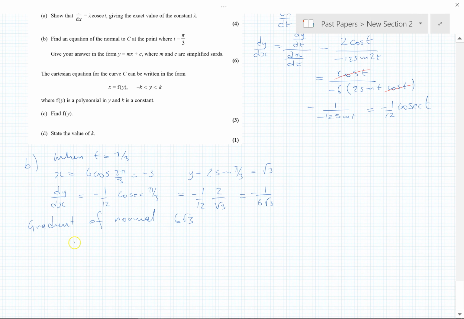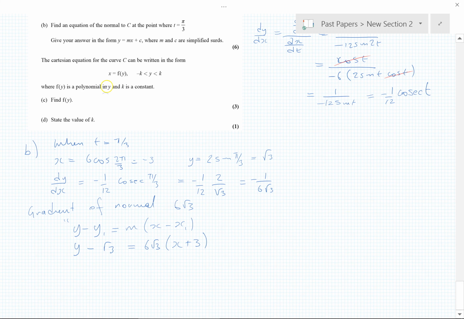So now I'm going to use, I know other people use other ways, but I'm going to use y minus y1 equals m times x minus x1. So y minus the y value, which is square root of 3, is equal to 6 the square root of 3 times x plus 3, and because it wants it in y equals mx plus c form, I'm going to multiply out.